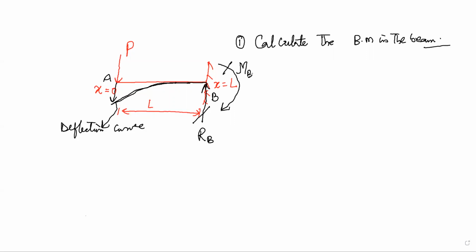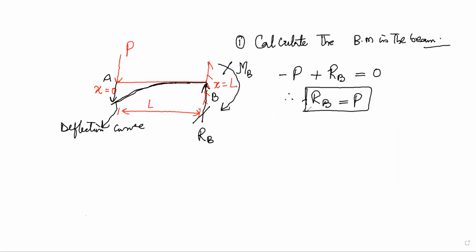Now, first of all, we will write the equations of equilibrium. P is acting downwards, that's minus P. RB is acting upwards, that is RB. This is equal to 0. Therefore, RB becomes equal to P.